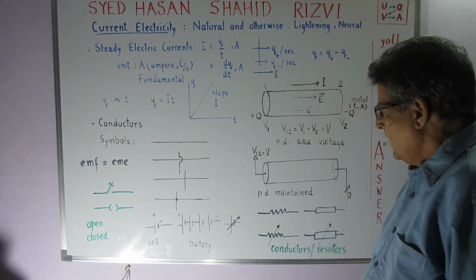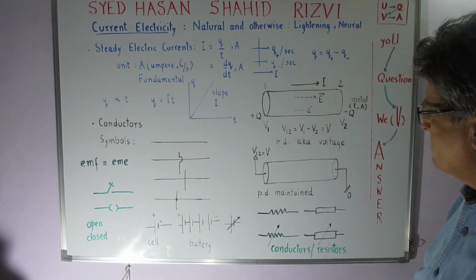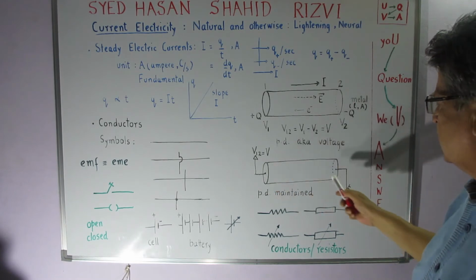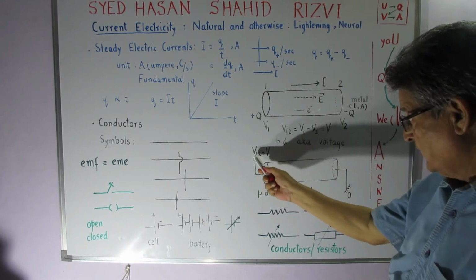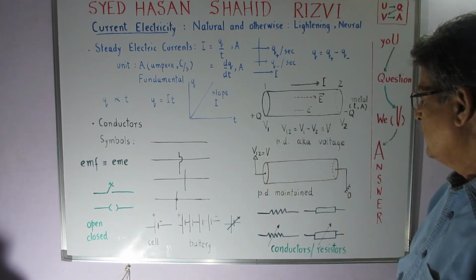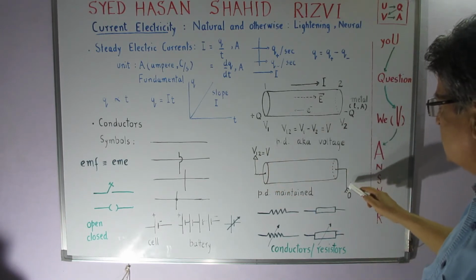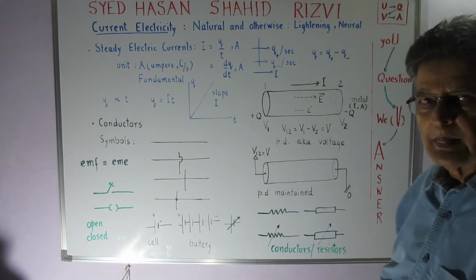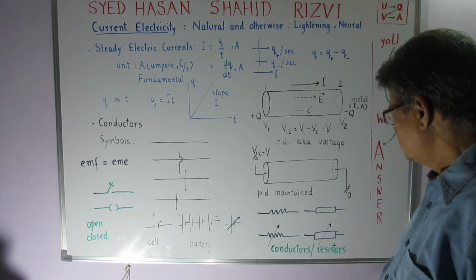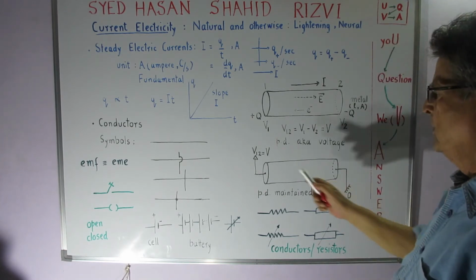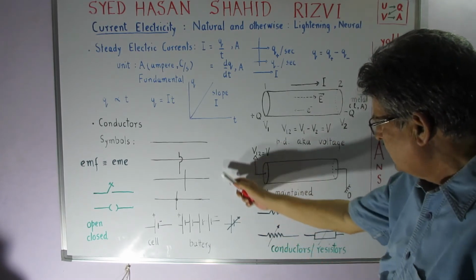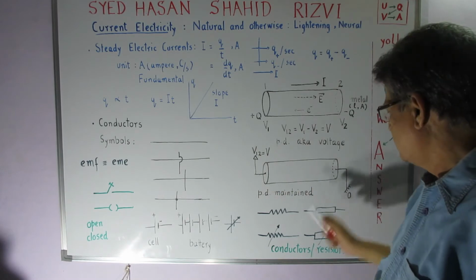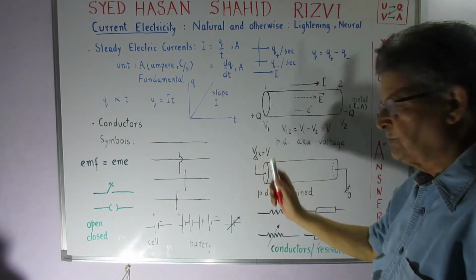The maintenance of the potential difference between these two phases, V12 is equal to capital V, and here I am just grounding it, earthing it. So this point I have shown to be 0. So this is positive and this is negative, and they are connected by some means from this point back to this point.